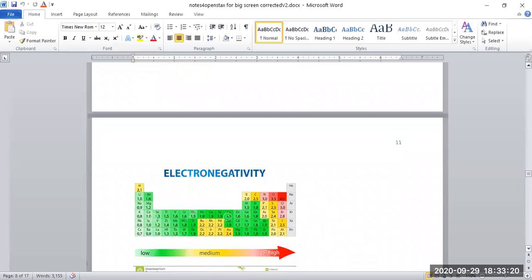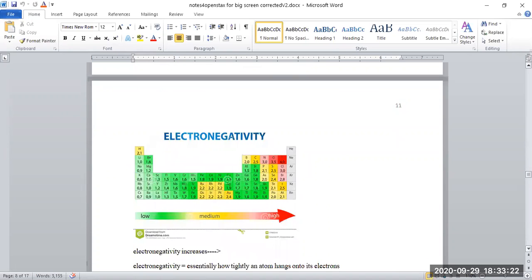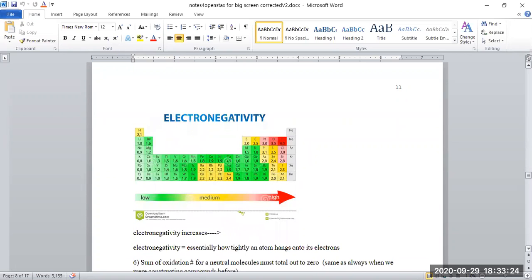And I went back and I dug up a picture here to insert in my notes. Look at where the fluorine is, that upper right-hand corner there, and it's red. This is an electronegativity table, which is different in terms of the numbers as opposed to the numbers that we usually see on the periodic table.